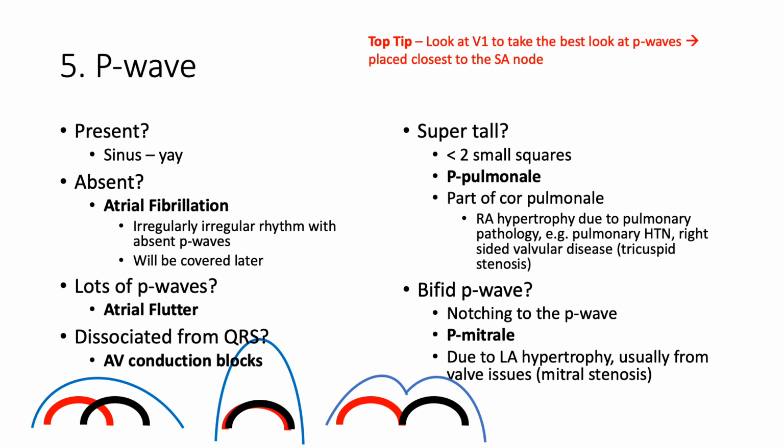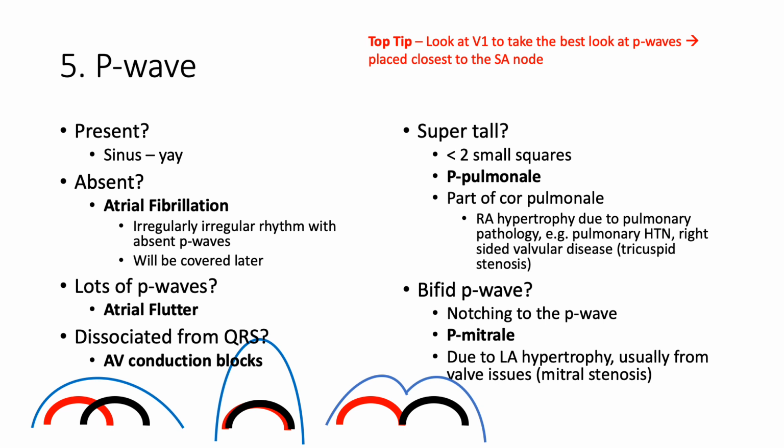It's a lot taller than normal, more than 2 small squares high. And it's a part of cor pulmonale. Cor pulmonale is essentially a complication of any pulmonary issue, and it's usually late stage.